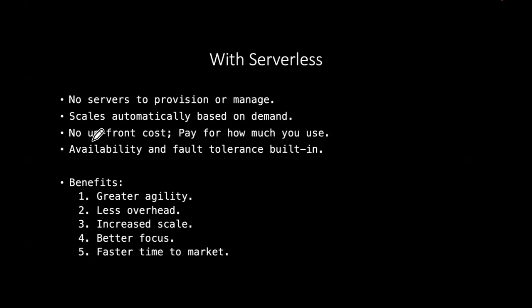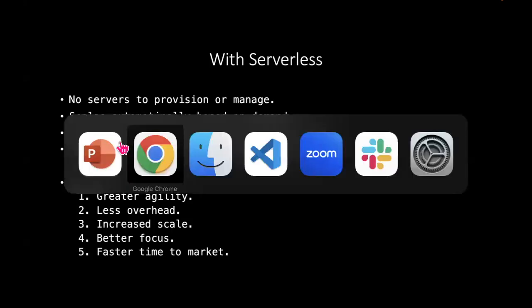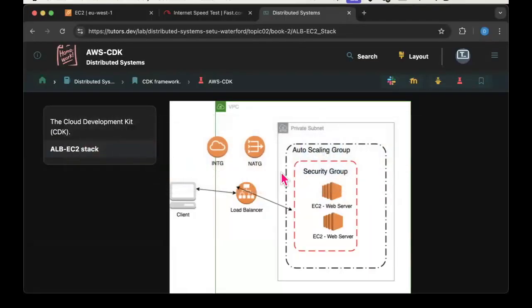In relation to availability and fault tolerance, that's also taken care of automatically for us. One of the problems with availability back in the pre-serverless world was, if I go back to here, just because we've got two EC2 instances running here, that deals with scalability.